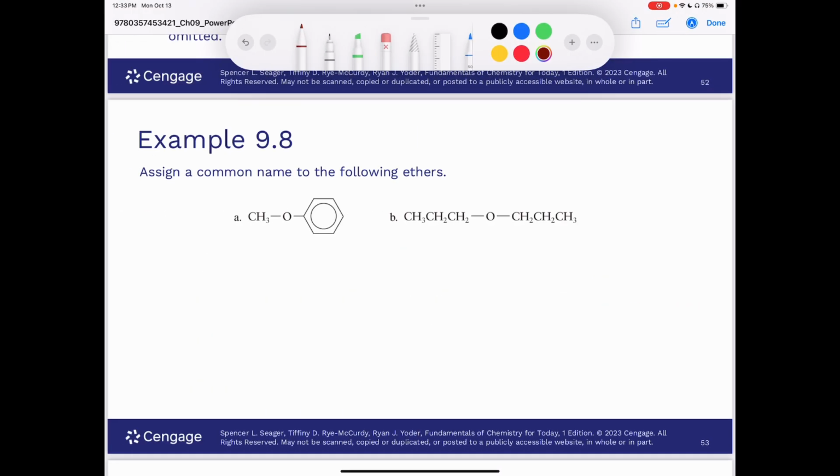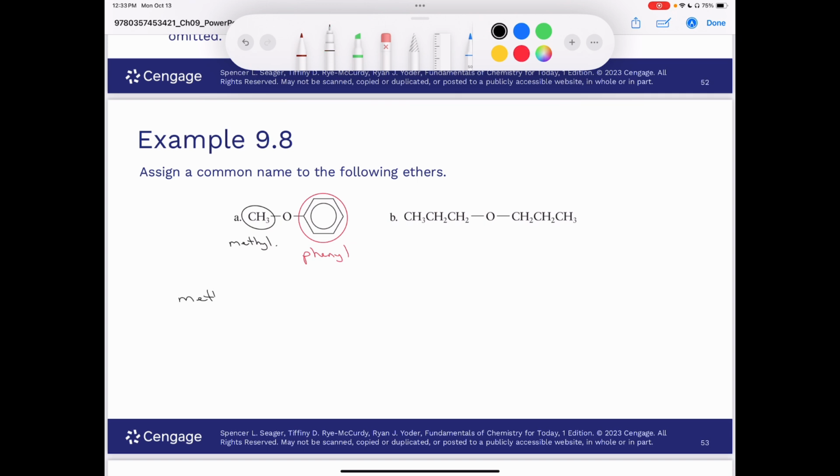Example 9.8: assign a common name to each of the following ethers. On this first one, we've got a methyl group, and then here we have a phenyl, which you guys recognize as a phenyl group. Well, M comes before P, so this would be methyl phenyl ether.